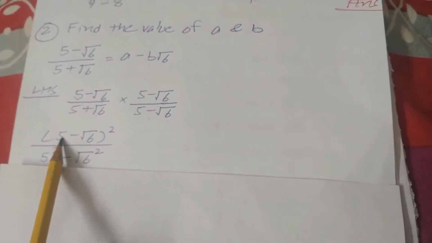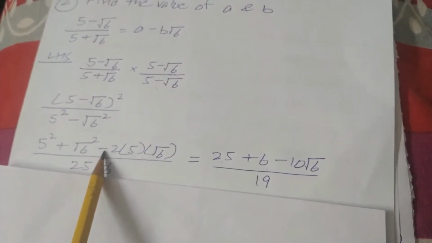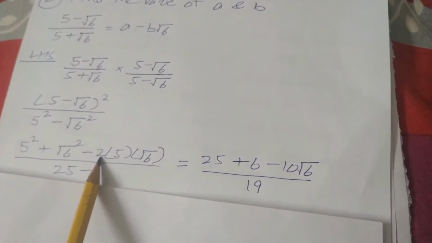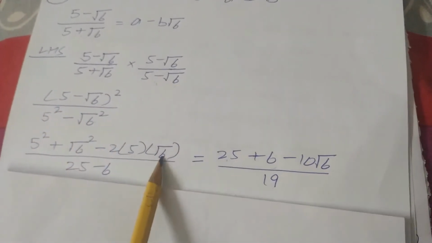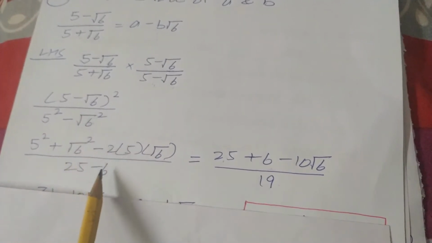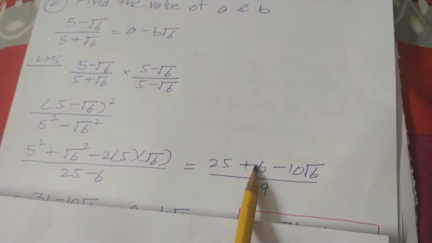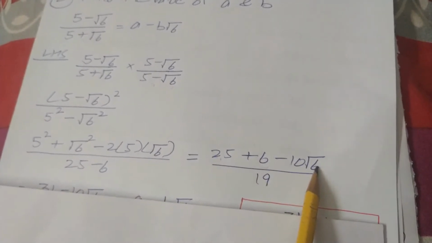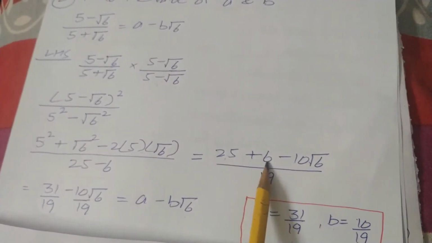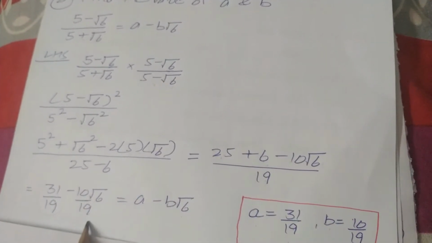Now we apply the identity (a minus b) whole square: a square plus b square minus 2ab. 5 square plus root 6 square minus 2ab, upon a square minus b square. 5 square 25, root 6 square 6, 2 into 5, 10 root 6. 25 minus 6, 19. Now 25 plus 6, 31 upon 19, minus 10 root 6 upon 19.